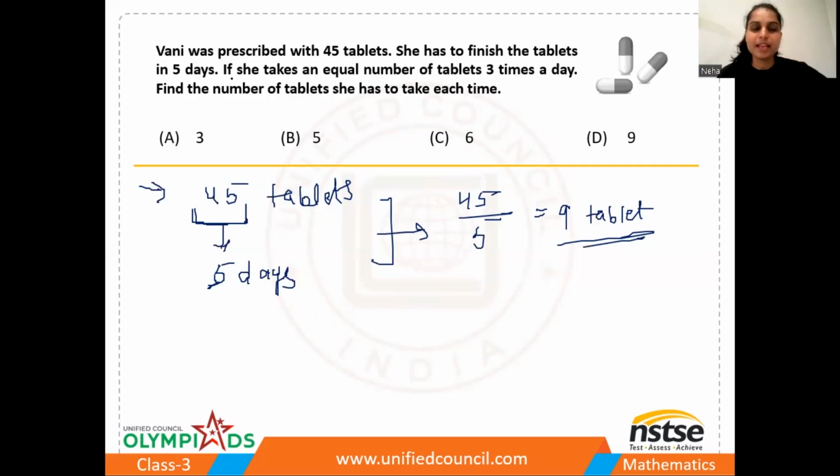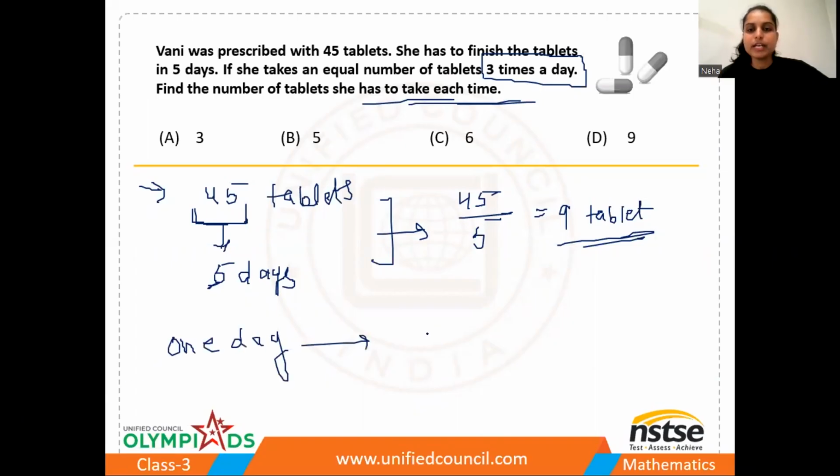Correct? Now, let me read the next line of the question. If she takes an equal number of tablets 3 times a day, now she is taking the tablets 3 times a day and every time an equal number of tablets. Then find the number of tablets she has to take each time. So basically in 1 day, she has to take 9 tablets, and these 9 tablets she has to take 3 times.